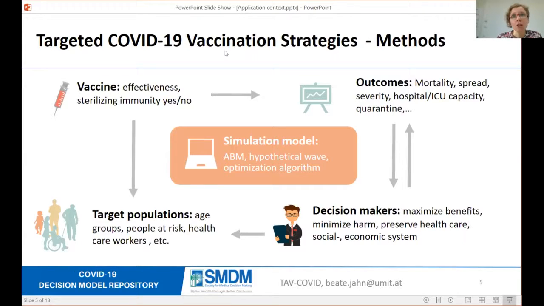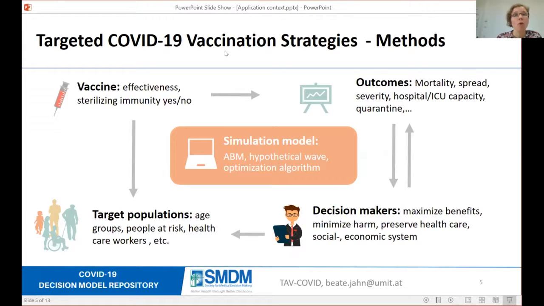The selection of relevant outcomes is advised in the project by decision makers who need to maximize benefits, minimize harm, and preserve the healthcare and social and economic system. In a recent article from the Fred Hutchinson Cancer Center, it was shown that allocation strategies are different depending on selected outcomes.